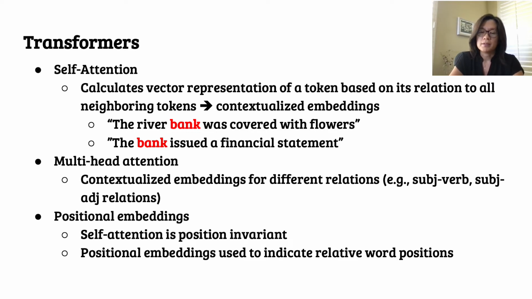The second property is that it has multi-head attention, which means it can relate a word to its neighboring words based on different relations, different semantics. For example, it may be the subject-verb relation for one head and the pronoun-noun antecedent relation that is captured by another head. In other words, it's able to take different views or understanding of language. The third is that self-attention is permutation invariant to the order of tokens, but as we know, language is inherently sequential in nature.